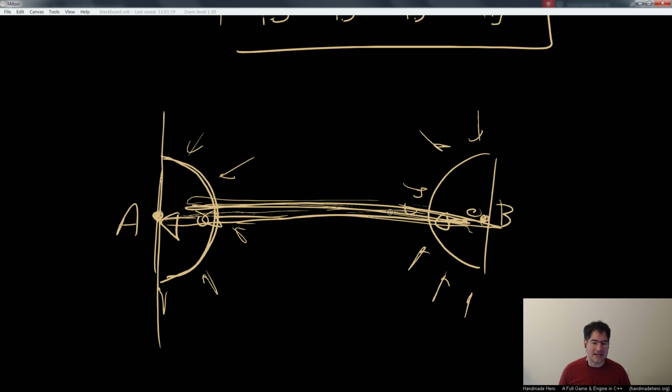So while it's not infinite in the real sense of the word, it's certainly infinite relative to today's computing power, because when you think about how many billions or trillions of photons there are bouncing around a scene, and the fact that some of them may bounce hundreds, thousands, I don't know, millions of times before they're absorbed. I don't know what the average life of a photon is from a light source, but it's a lot. It's a completely intractable problem in terms of the computing resources we have.